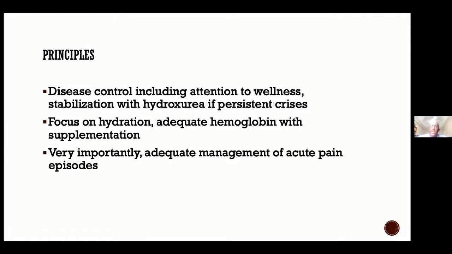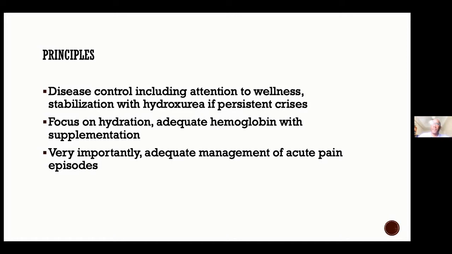And very importantly, especially early on in the episode, is trying to get adequate pain control. Adequate pain control comes simultaneously with treating the underlying cause and getting the patient settled.